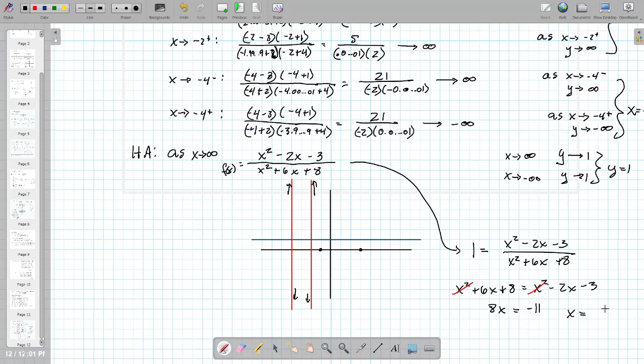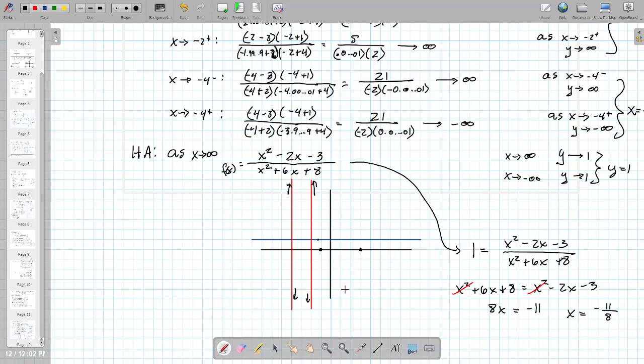So x will equal -11 divided by 8. Now this number is between -1 and -2 because the numerator is larger than the denominator but less than 2 times the denominator. So at negative 11 over 8, that would be about here.